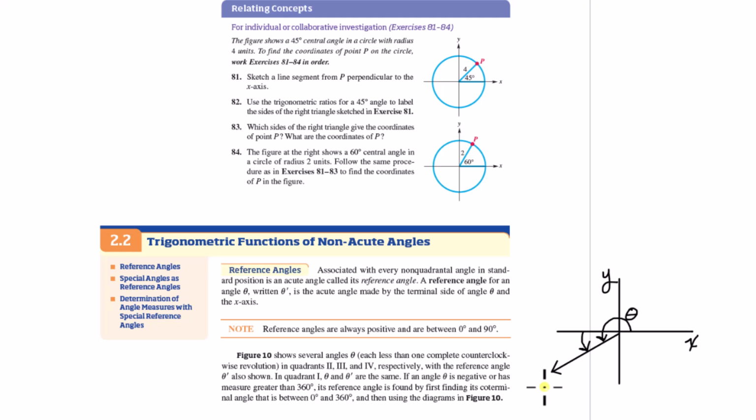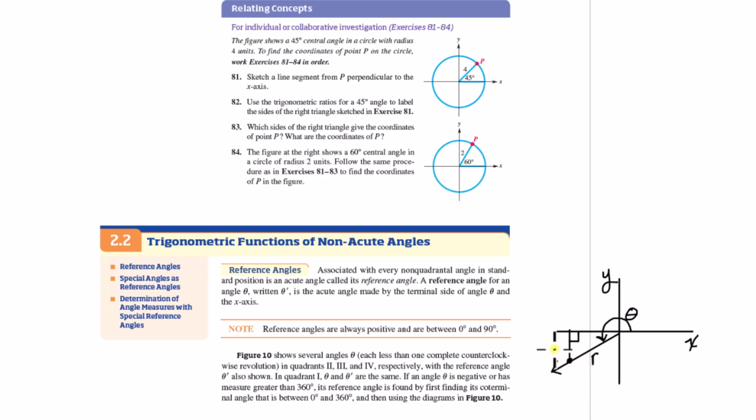If we continue with the general definition, the next step is you pick any point along this line, and then you make a right triangle where the perpendicular is attached to the horizontal. Then you put the side lengths.